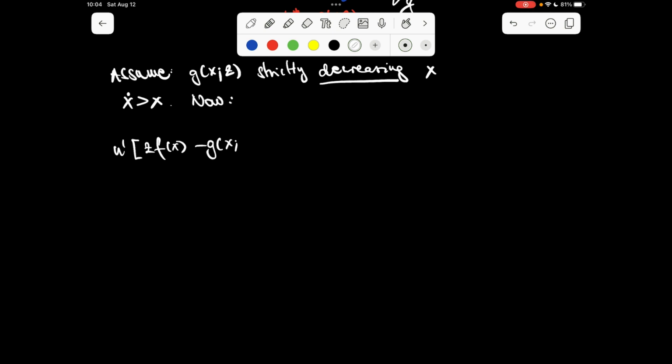So we are using the policy function g, which now is supposed to be strictly decreasing in x.